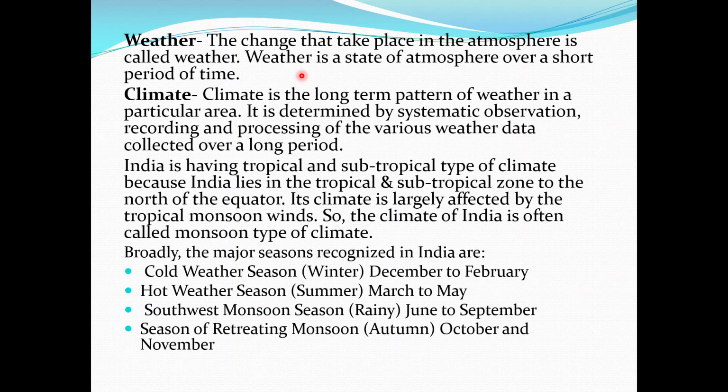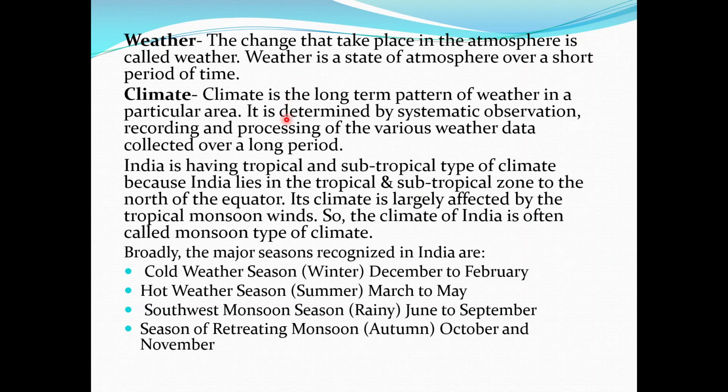Very good. Weather is a short-term change in the atmosphere, and climate is a long-term change in the weather in a particular area. So weather is when you see that in the morning it is sunny and in the afternoon it starts raining; that is called the change of the weather.